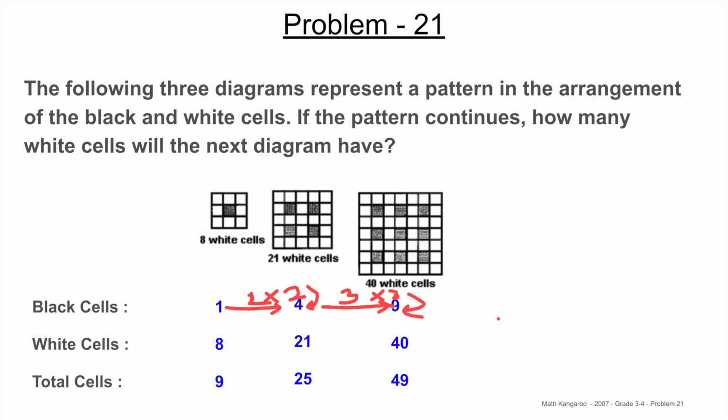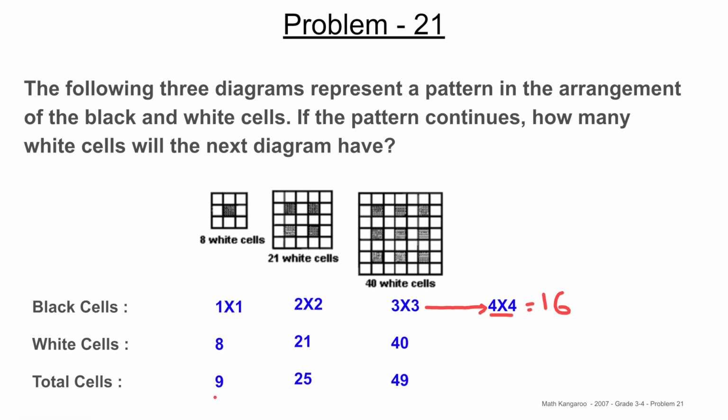So 1 multiplied by 1, the next 2 multiplied by 2, then 3 multiplied by 3. So what will be the next pattern? Yes, we increase 3 by 1 and multiply by itself, which gives us 16.